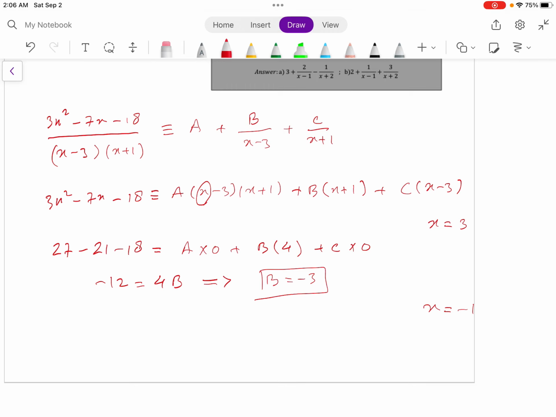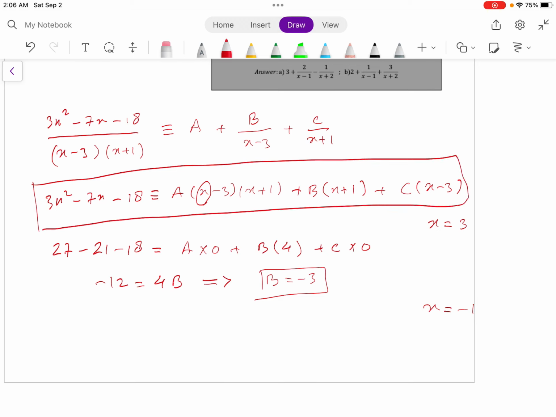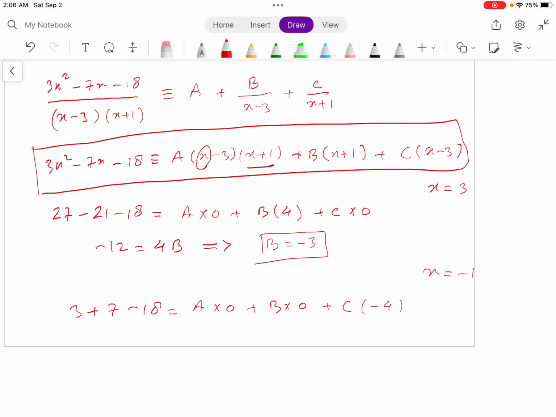If I plug in minus 1 for x, I'm going to get 3 plus 7 minus 18 equals, when I plug in minus 1 here, a times 0, b times 0, and it's c times minus 4. This is 10 minus 18 is minus 8 equals minus 4c. This gives us the c value equals 2.